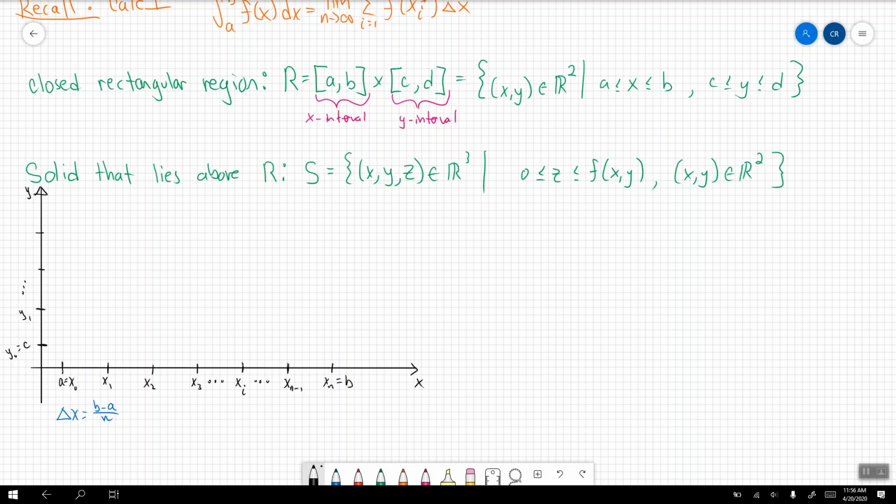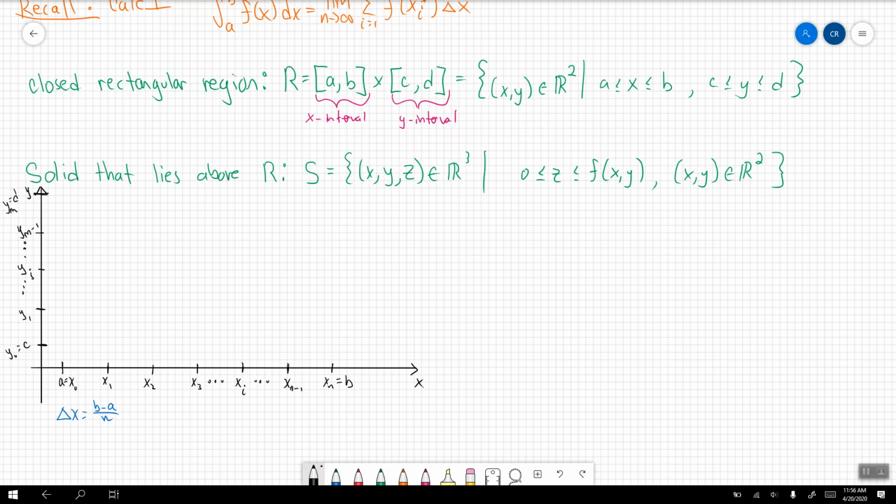But in the interest of making this not the same, I'm going to say not the same subdivisions. I'm going to go with this is y sub j, not y sub i, because this could be a different index. And then this is going to be y sub, and I'm going to choose here to be m minus 1. And then the last value is going to be the value of d, which is y sub m.